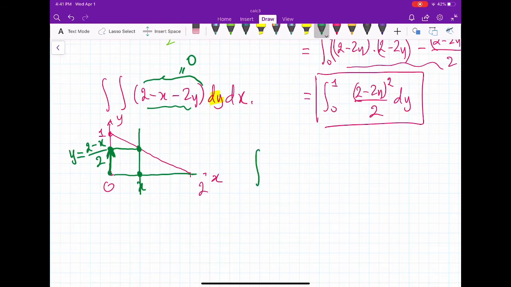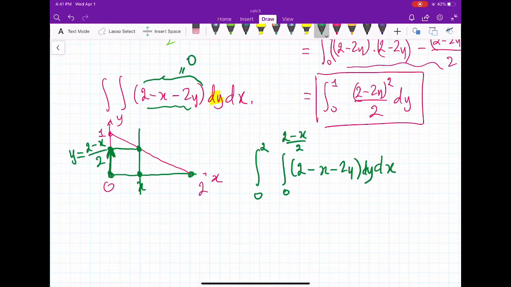So now I will have the following picture. The outside integral is for x. x will go from 0 to 2. And then for the inside, y will go from 0 to 2 minus x over 2. The function is still 2 minus x minus 2y, dy dx.